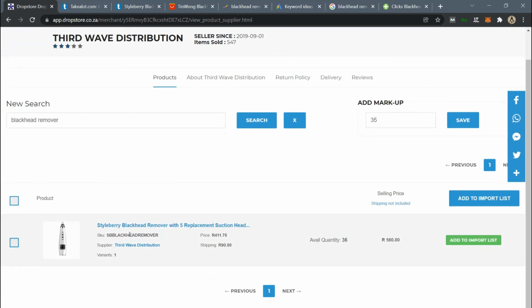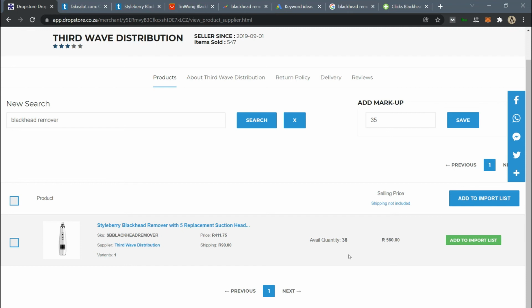Okay, so this is the product right here, and now we can see the quantity: availability is 36. Remember, this is if you're going to use Dropstore. If you're not going to use Dropstore and you have your own products, then getting the quantities up on your products is your own problem. But if you use Dropstore, just make sure that the quantity here is not 1 or 2 or 3 or 4.